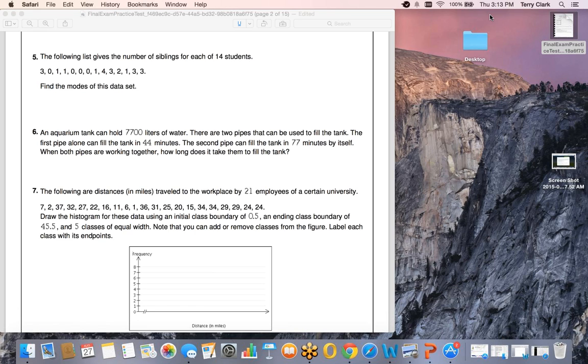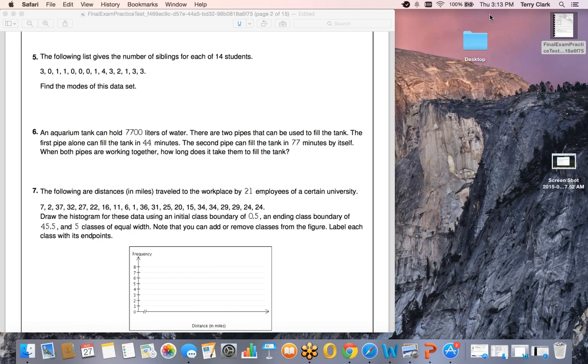Okay, that's definitely an honest answer, Michelle. Thank you. Okay, so Joe's saying that it's direct measurements for bar graphs.